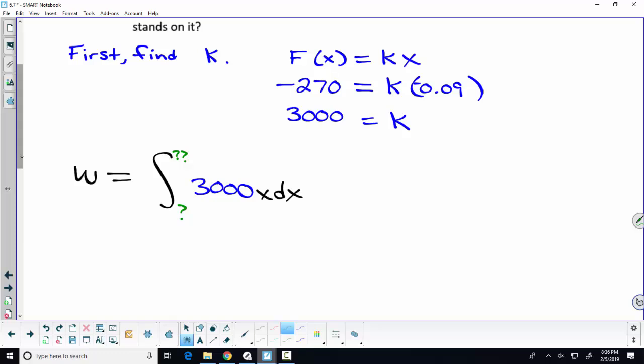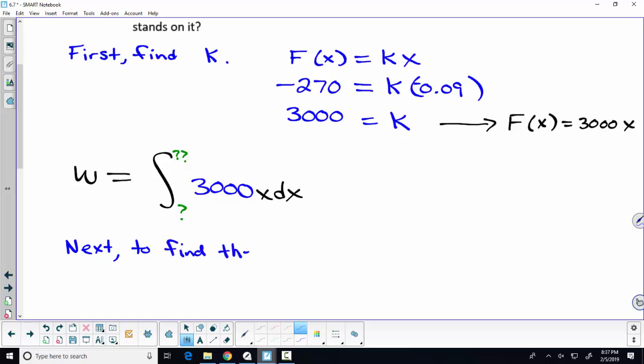We have our force function. This tells us that our force function for any distance stretched or compressed is 3000x.